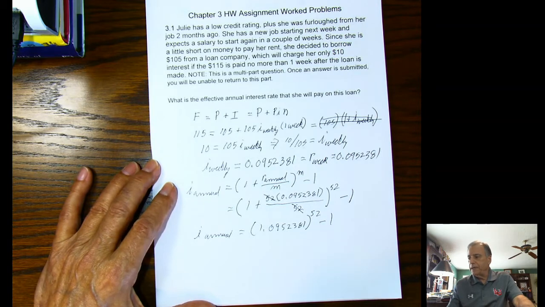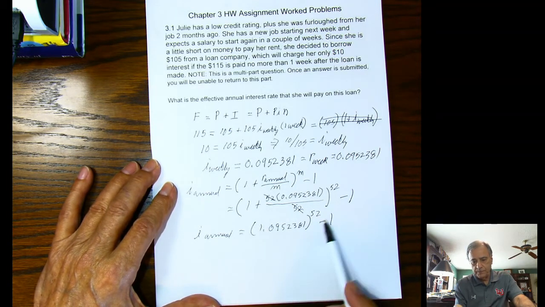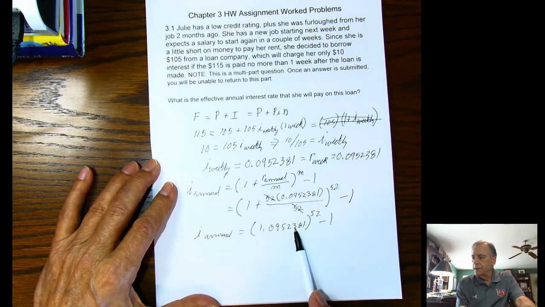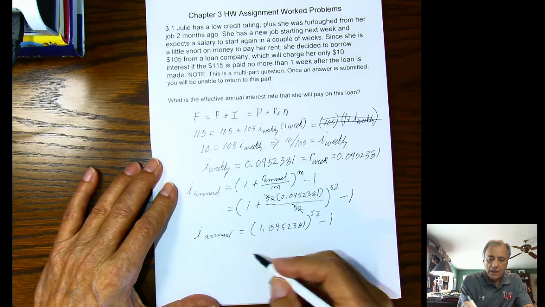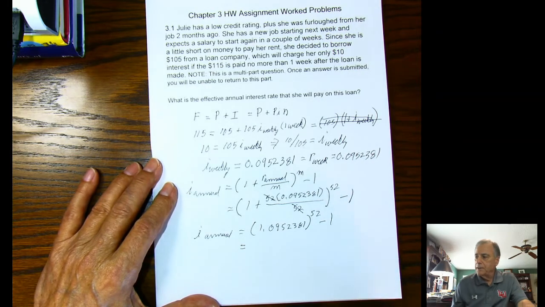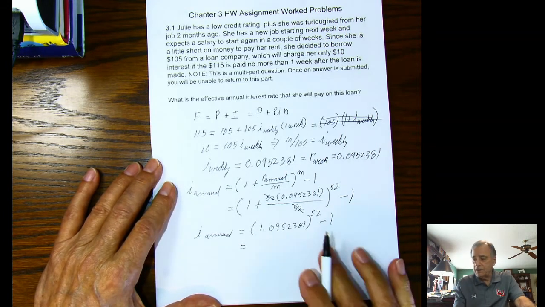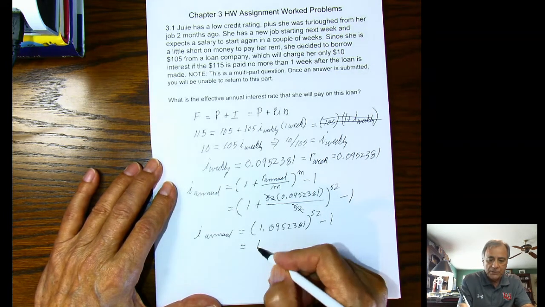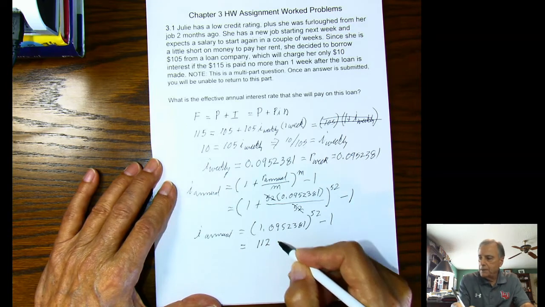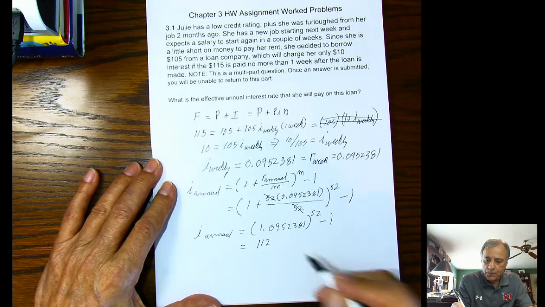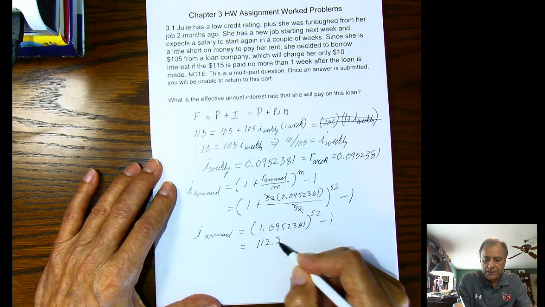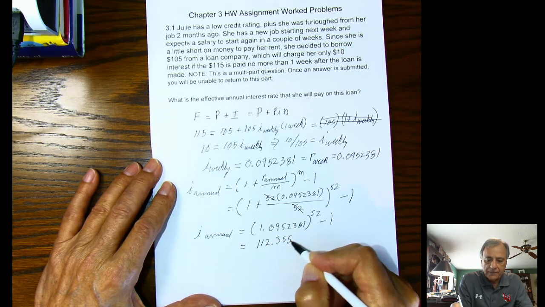When you do that calculation, you'll get 113.3559, and then when we subtract the 1, we end up with 112.3559.